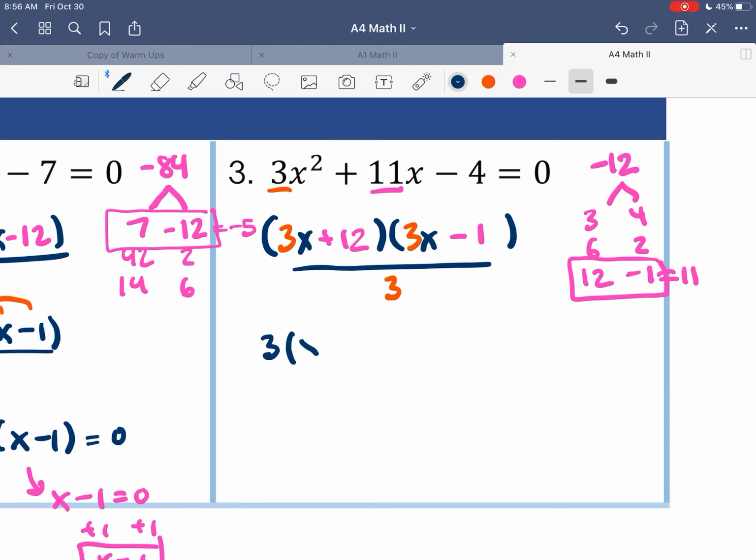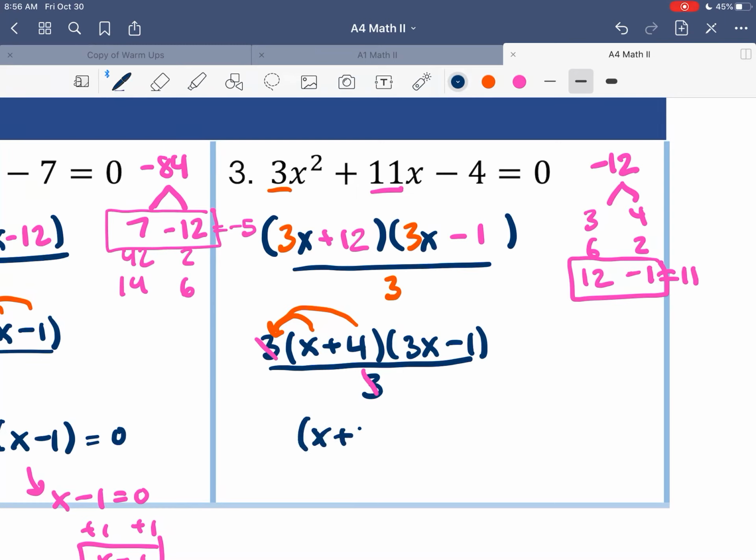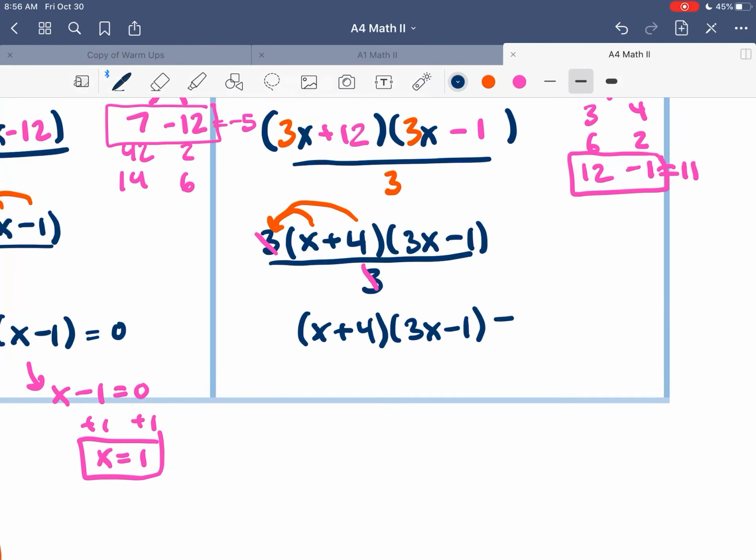So we're going to pull out 3 out of that one, which makes x plus 4. And this one doesn't have anything in common, so that one will stay the same. There we go. And it's still divided by 3 until we cancel the 3 with that 3 out front. So we're left with x plus 4 times 3x minus 1.